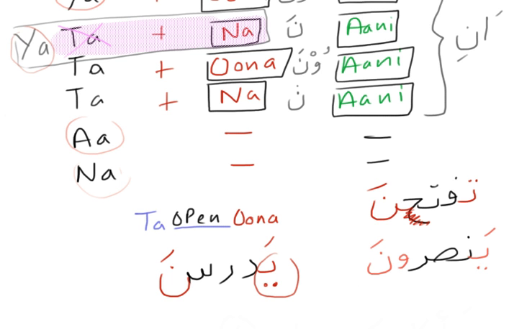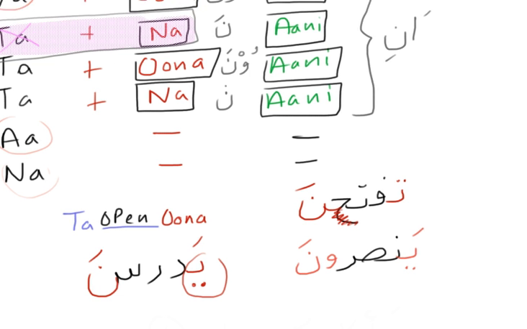Now, just to make this a bit clearer, if you remember, last time we made a little chart, and the chart would come out a bit like this. Let's use the word yadribu, he hit, or he is hitting.